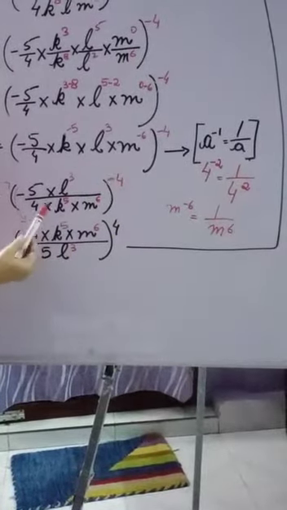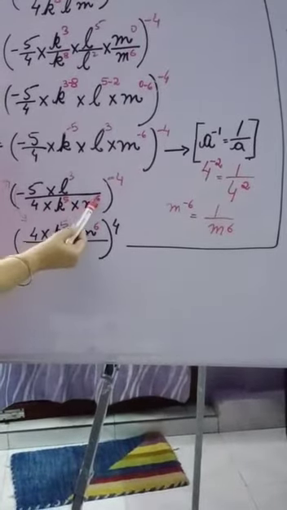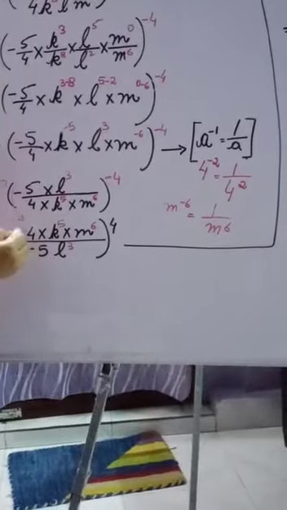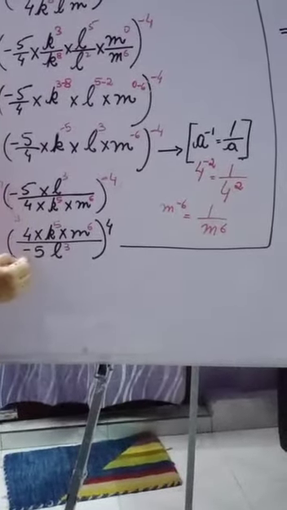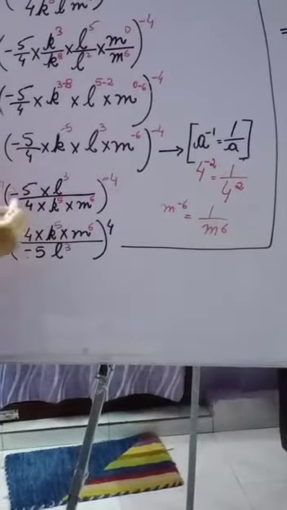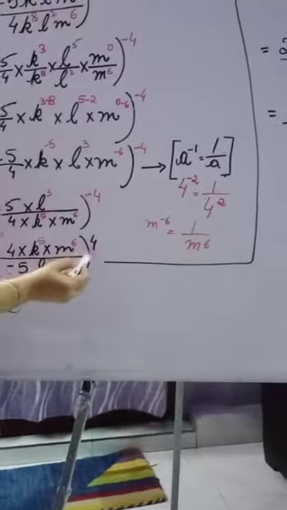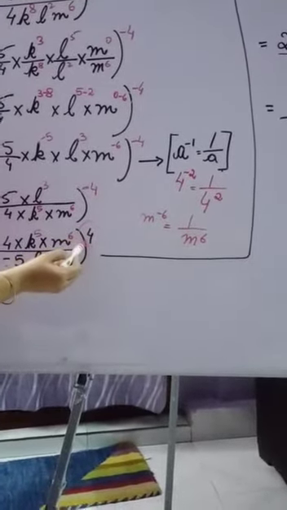So 4 into k to the power 5 into m to the power 6, which is the denominator here, will become the numerator, and this numerator, minus 5 L to the power 3, will become the denominator. So now my negative power is removed. Now it is 4, only 4, not minus 4.